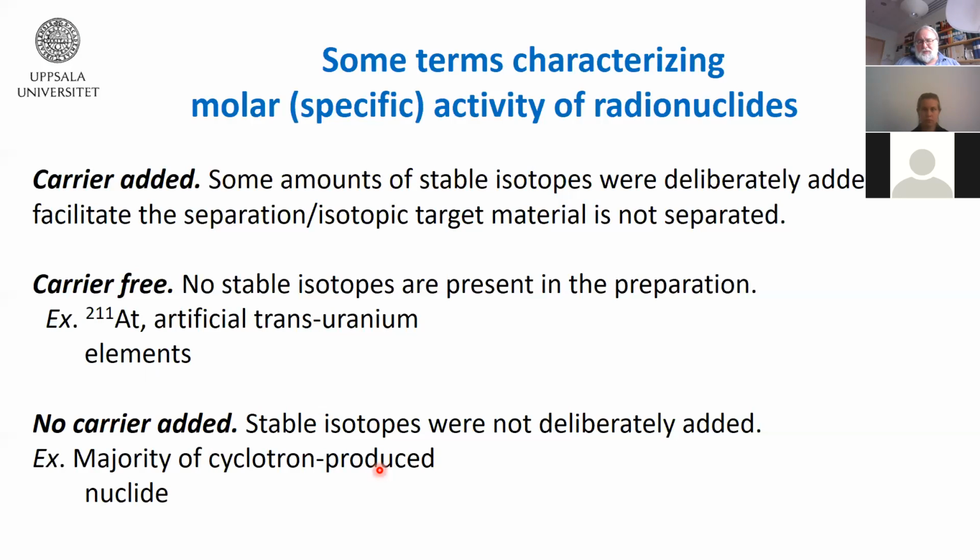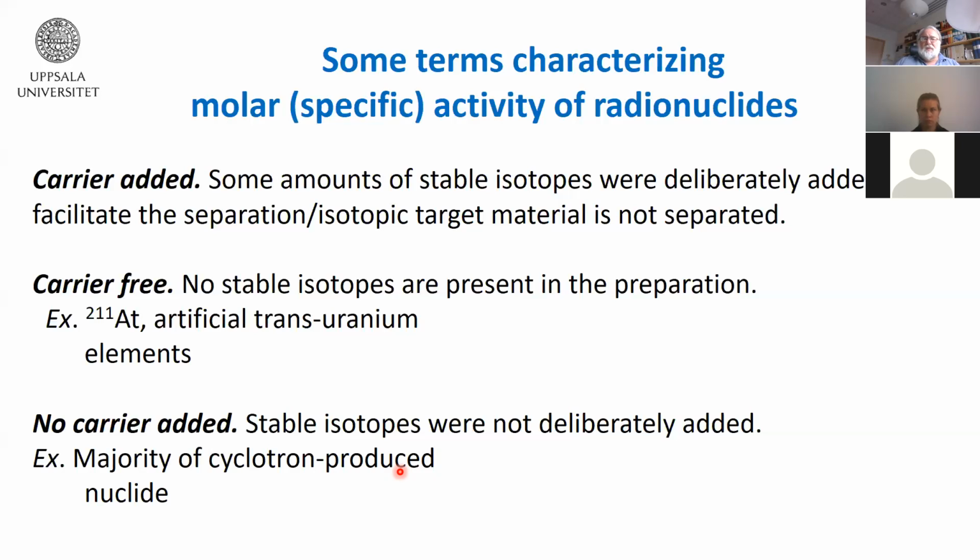There are also some approaches to production of radionuclides using nuclear reactors which also produce no carrier added nuclide. Typically, irradiation with neutrons of the target material produces a radioactive daughter, which in turn decays to the desirable radionuclide.